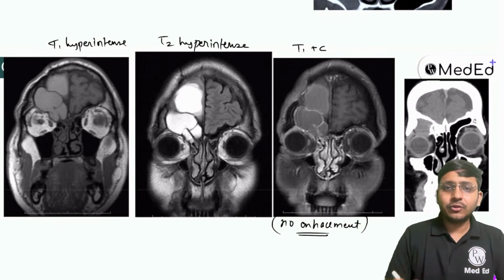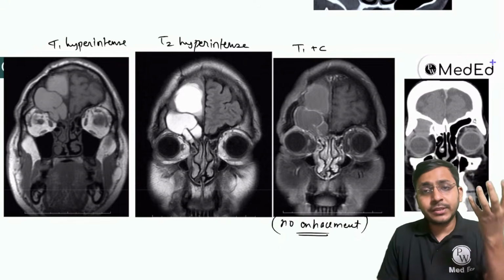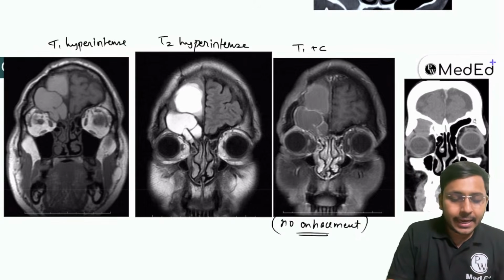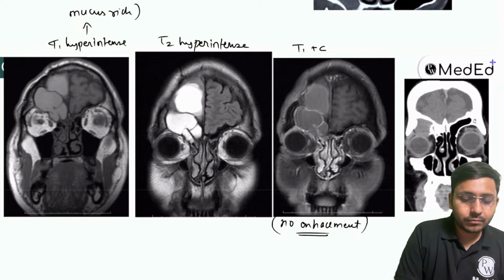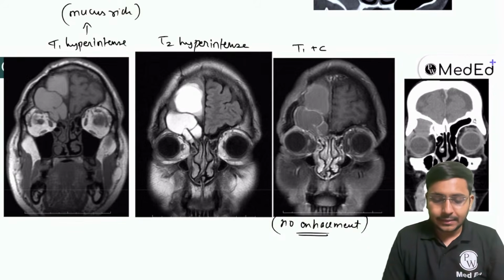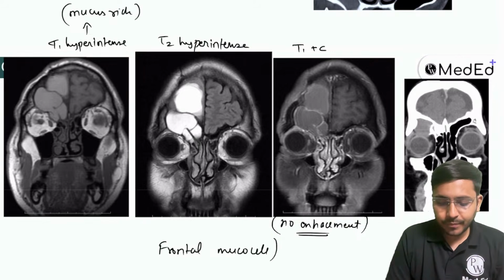This means that it is not a solid component, it is a mucocele, mucin rich content. Why? T1 hyperintensity tells us it is mucus rich. And this is how a typical frontal mucocele appears.